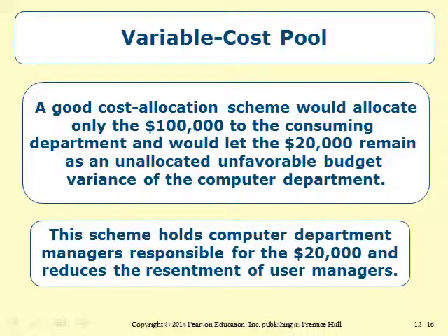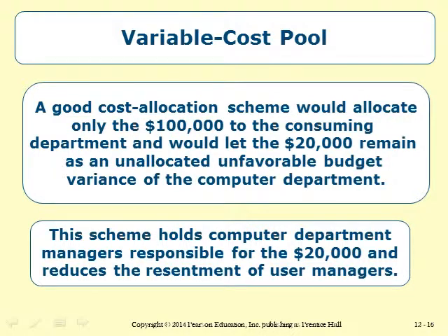This scheme holds computer department managers responsible for the $20,000 variance and reduces the resentment of user managers. The user managers really had no control over the level of costs incurred by the computer department.